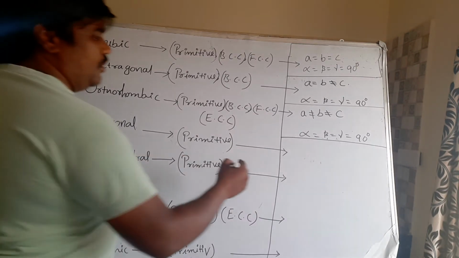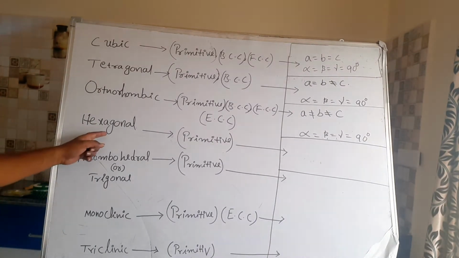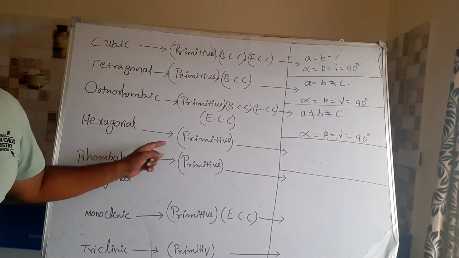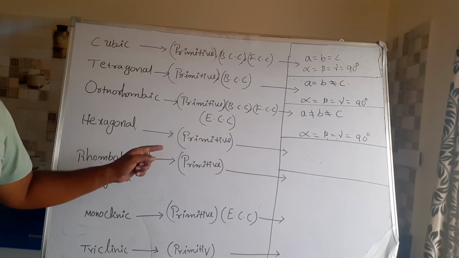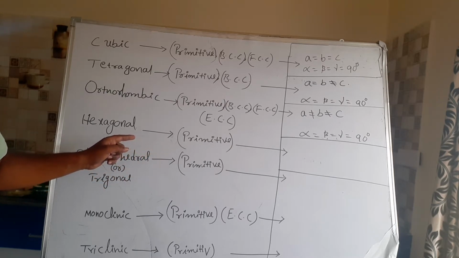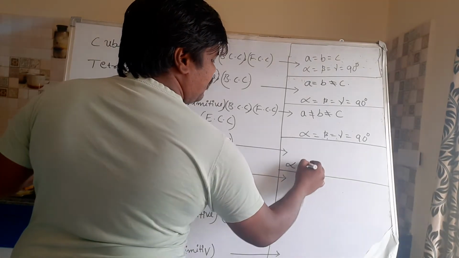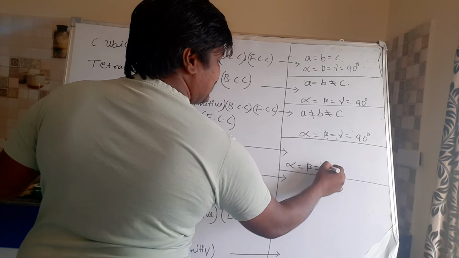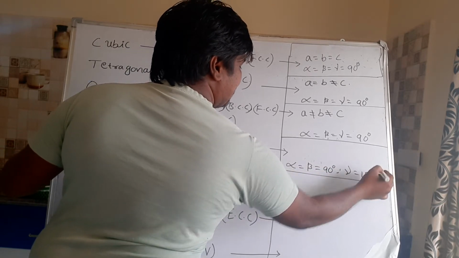When you are coming down to this, in the case of hexagonal, students, one interaxial angle is going to be varied. That is, alpha is equal to beta is equal to 90 degrees, but gamma is 120 degrees. That's it.